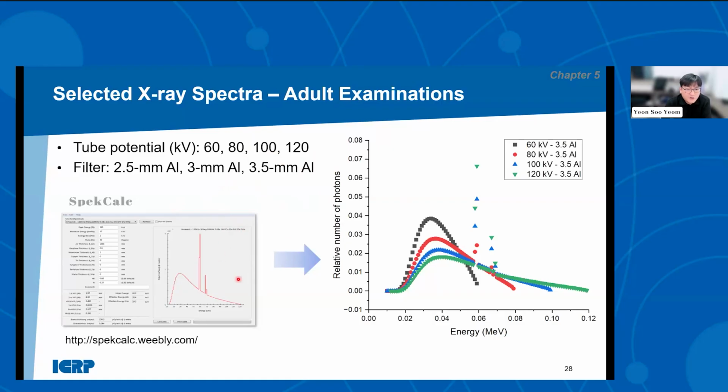The spectra were obtained from the SpekCalc program, which is a very well-known program to generate X-ray spectra with many different parameters. This is an example of the obtained X-ray spectra from the program, for 4 tube potentials with a 3.5 millimeter thick aluminum filter.